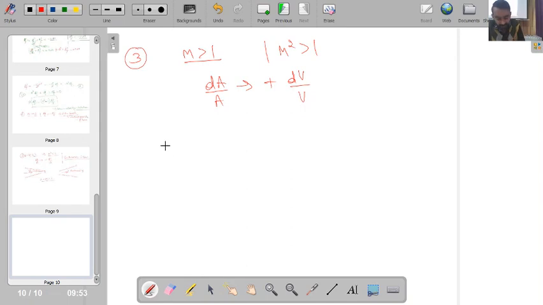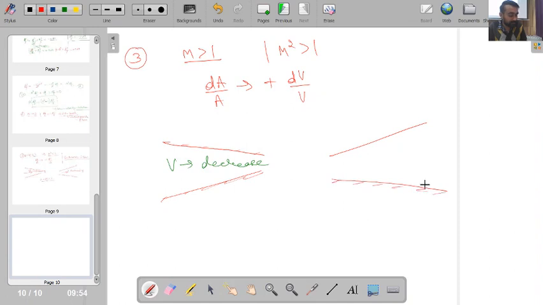It means that if area is decreasing, V will also decrease, and if area is increasing, V will also increase. Is this one clear? So I have V decrease and V increase. This is the case when M is greater than 1, and that is the case of a supersonic flow.